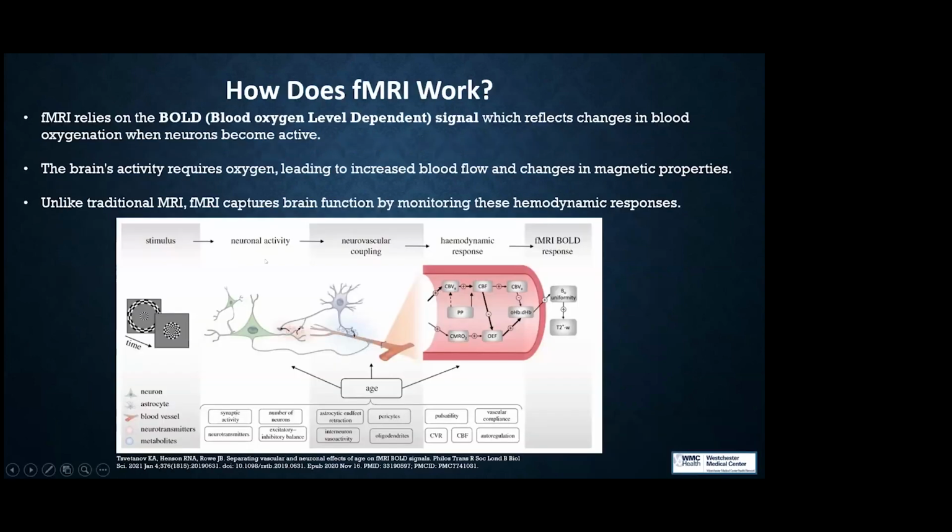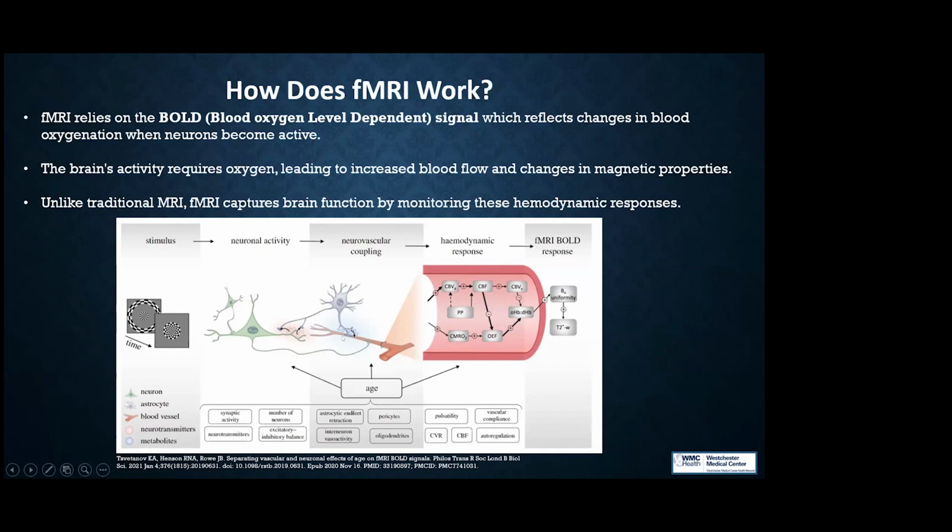And so how does functional MRI work? It relies, as I mentioned before, on the BOLD, or blood oxygen level dependent signal, which reflects microscopic changes in blood oxygenation when neurons become active. Our brain is exposed to a stimulus, and certain neurons become more active, and then in this local environment, to those neurons that are being activated, as a result, we see elevated cerebral blood volume, cerebral blood flow.